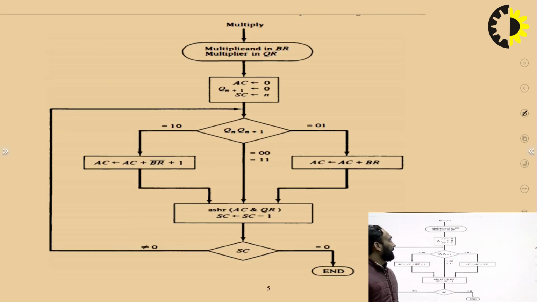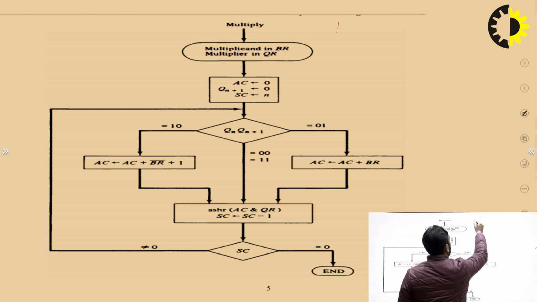In this flowchart, we store the multiplicand and multiplier bits in two different registers, and we take an empty register, the place where all operations are performed, known as the accumulator. In a machine, the calculation is performed in the accumulator and the value is stored in registers.